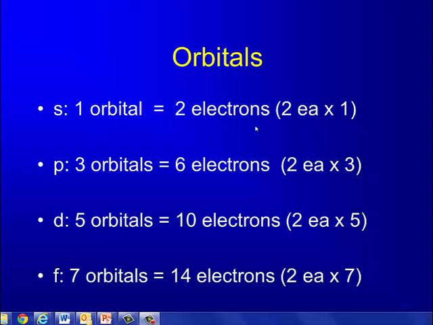It can hold 2 electrons. That was the people. Remember the p, there were 3 orbitals. The 3 beds represented the 3 orbitals that could hold a total of 6 electrons. The d has 5 orbitals, each can hold 2, so it can hold 10 electrons. The f has 7 orbitals that can hold 14 electrons.